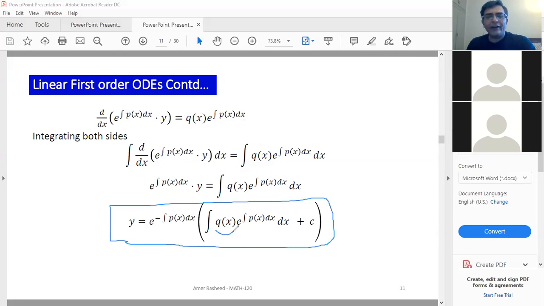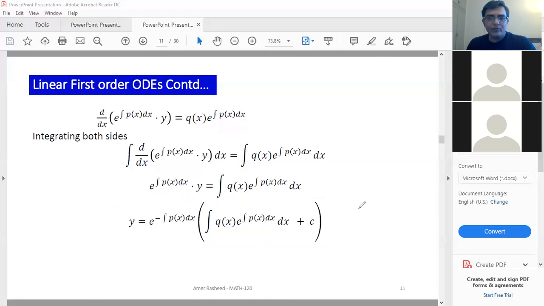Now we know the Q of x, we know P of x, we can multiply the resultant of this with the Q of x, and then we can integrate the resulting function with respect to x. We can obtain the solution. Similarly, we can solve this integral as well here. So this is how we can solve a general linear first order differential equation.